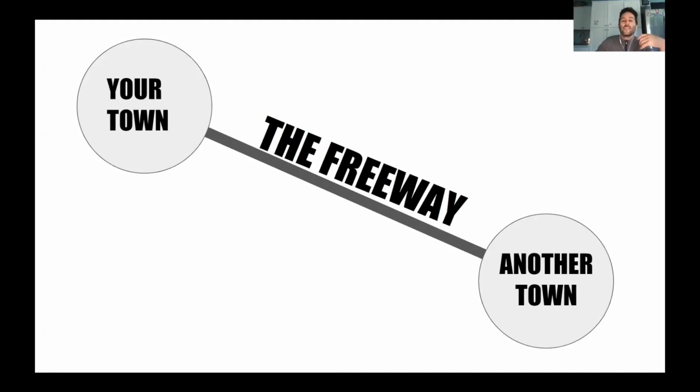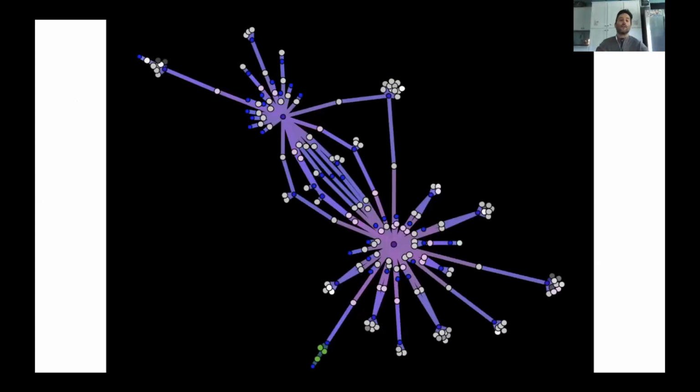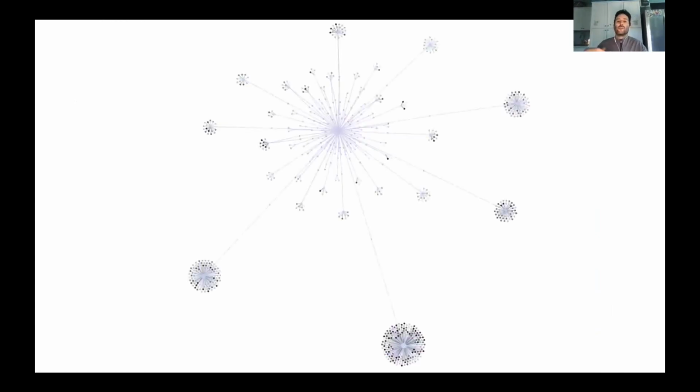And from these very simple rules, those very small building blocks, you can create much more complex structures. So if you had many people and you were looking at how they were friends with each other, you'd see a much more complex shape than just two circles in a line. And if you wanted to include maybe people who had many friends, or cities that were connected to many other cities, or just anything that's connected to many other things, it becomes more and more complex.